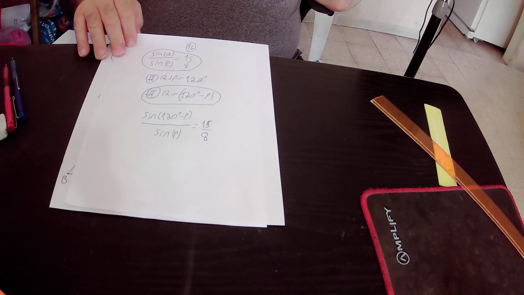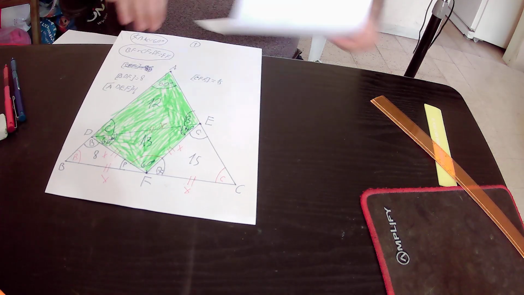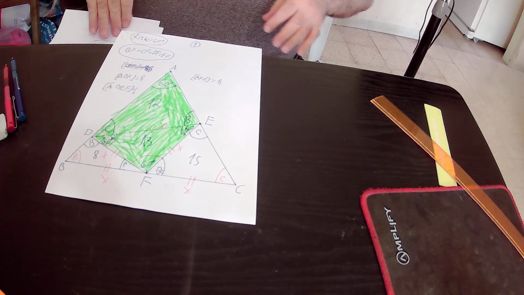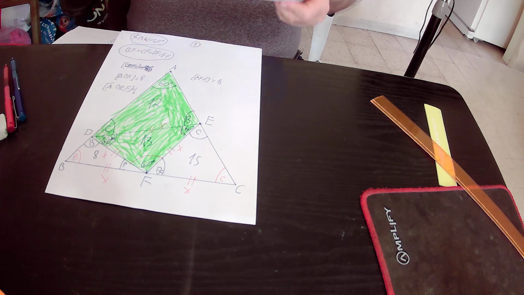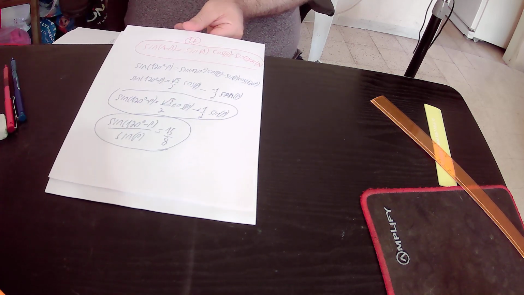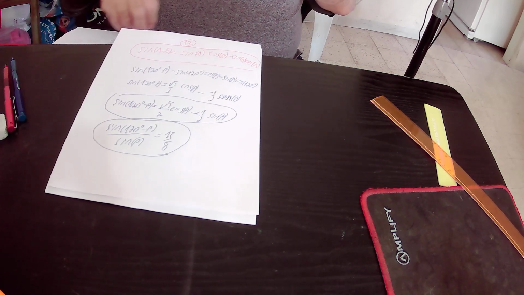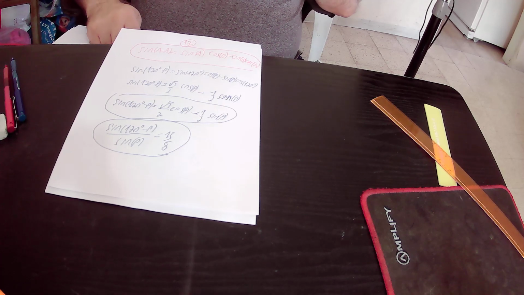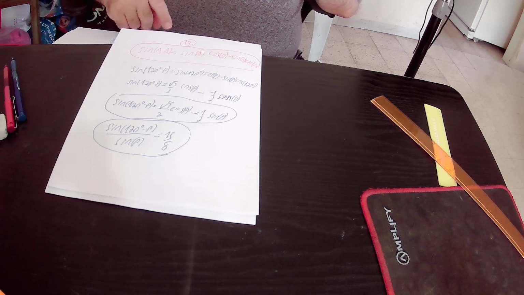Then, in order to find out the value of sine (120 degrees minus p), I presented to you a new trigonometric identity for sine (A minus B). Sine (A minus B) equals sine A times cosine B minus sine B times cosine A. We use this trigonometric identity in order to find out the value of sine (120 degrees minus p).